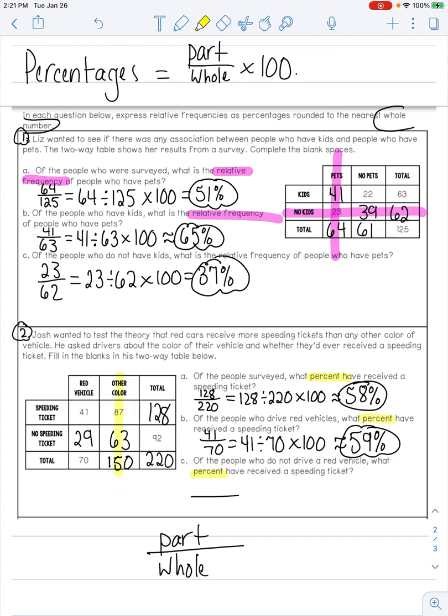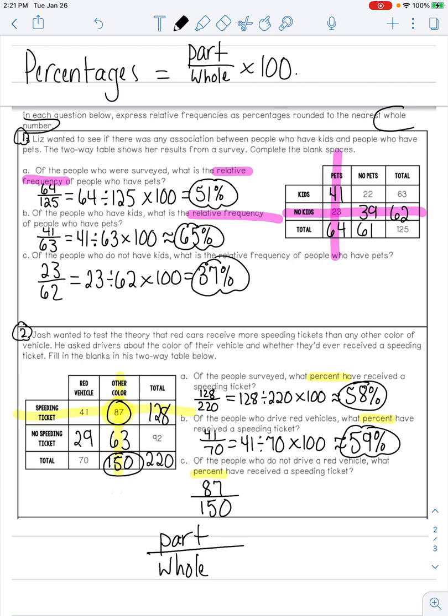So how many did not drive a red vehicle? 150. See, I want to use that total. Now it says out of that 150 who do not drive a red vehicle, what percent have received a speeding ticket? So if I look, those who have received a speeding ticket, it's 87 out of that 150.